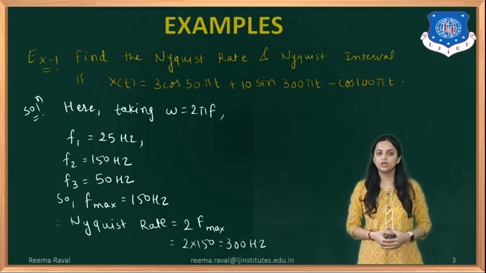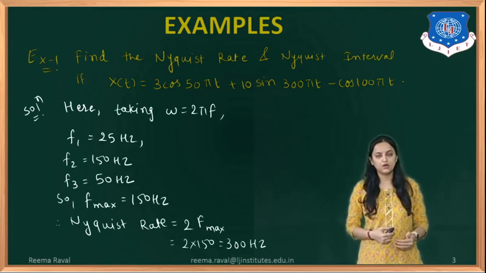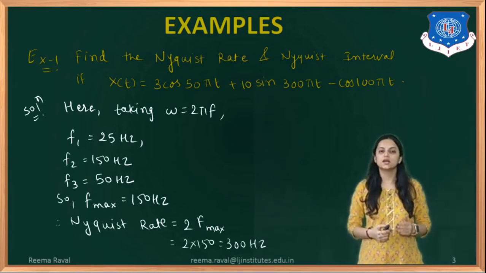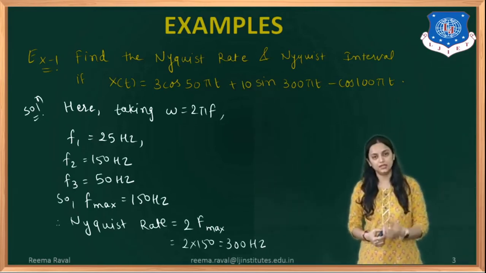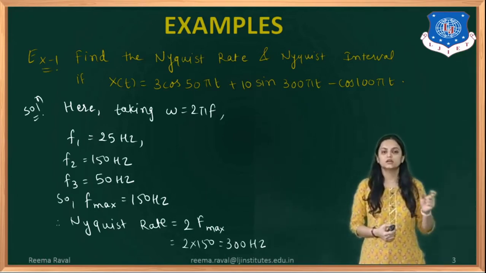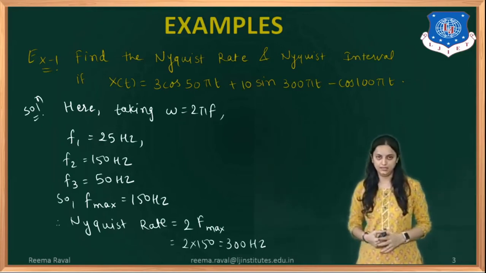How can we find out? If we look at the equation, here we have three terms. First term is 3 cos 50 pi t, plus 10 sin 300 pi t, minus cos 100 pi t. So here we can find three frequency values. From the first one, if we compare it with 2 pi f1 t, then we can obtain the equation cos 50 pi t equals cos 2 pi f1 t.